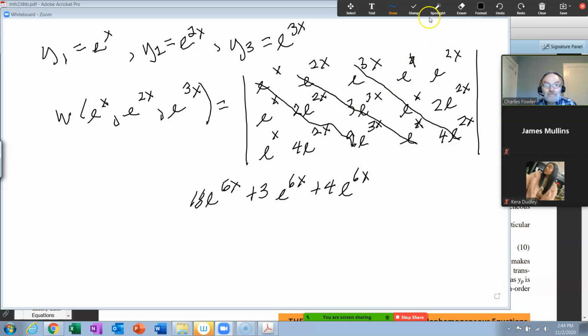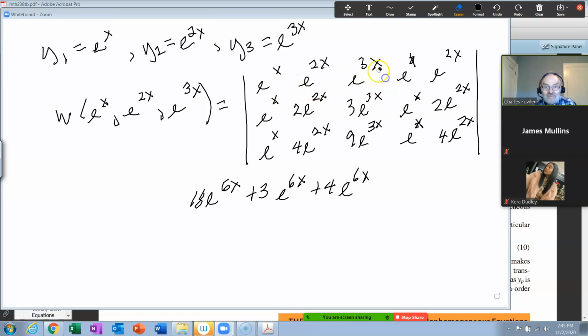Now do our upper diagonals. I'm going to erase the construction lines here if I can get the eraser to cooperate. It wouldn't last class, but it is now. Okay, let's do the upper diagonals. That's 2e to the 6x, but it's a minus.